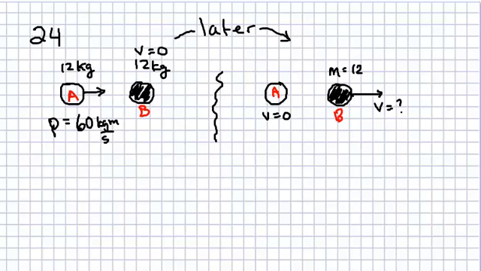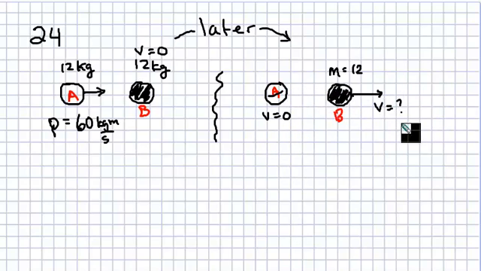Skipping ahead to question 24, here's a picture that might help you. You should imagine a 12 kilogram object colliding with another 12 kilogram object, but it has no velocity. They hit, they bounce off. Now object A has no velocity, therefore no momentum.